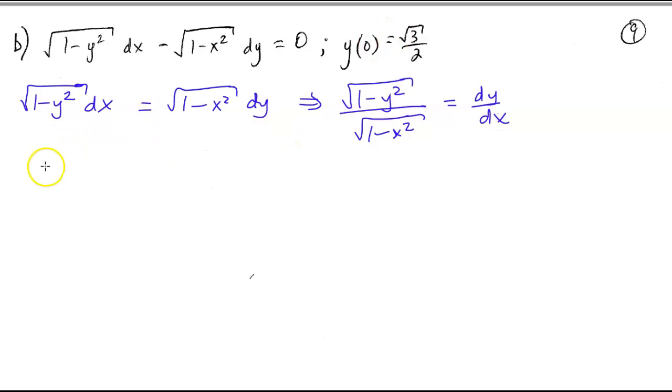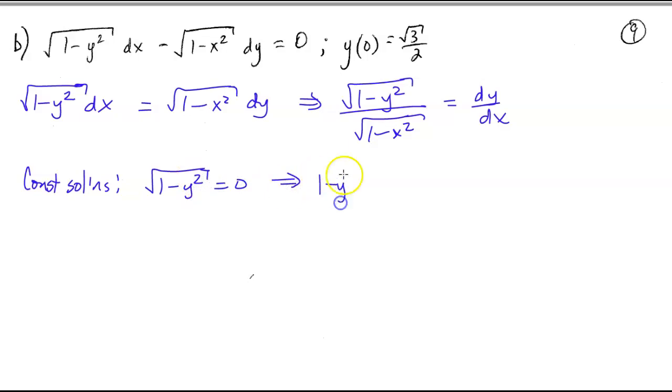And so in this form, for your constant solutions, we consider the numerator here. We want to figure out when the numerator is going to be equal to 0. And that would imply that I figure out when the expression in the radicand is equal to 0, which in this case, we know that y is just going to be plus or minus 1.